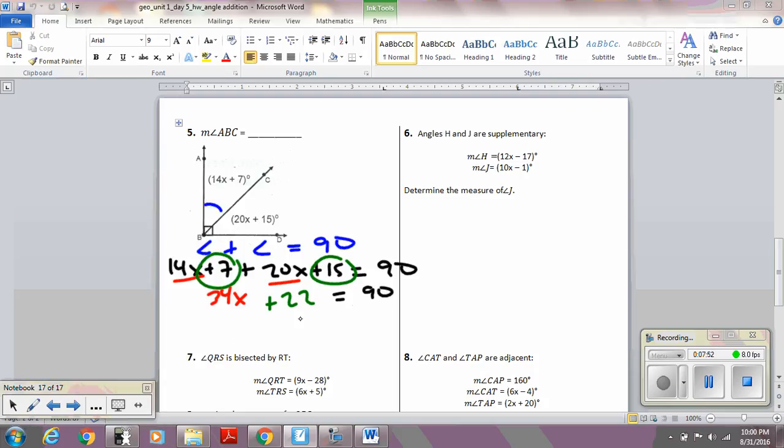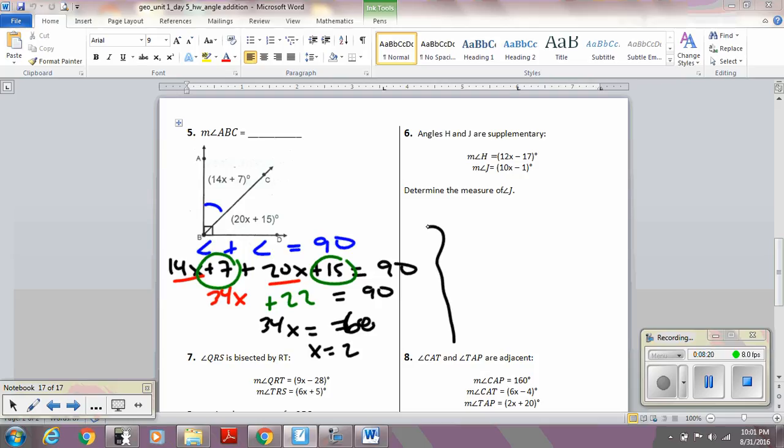Then subtract 22 from both sides, which will leave you with 34x is equal to 68. And then divide both sides by 34, and you would get x is equal to 2.